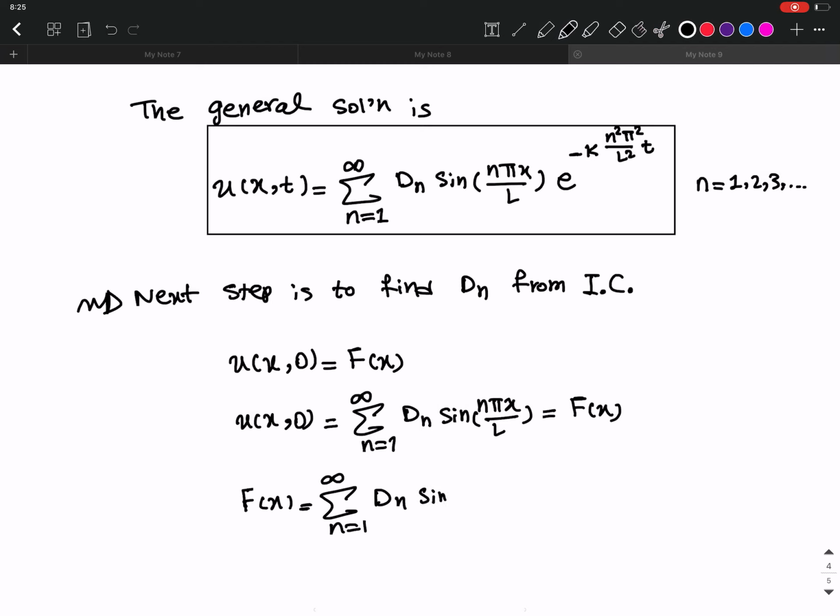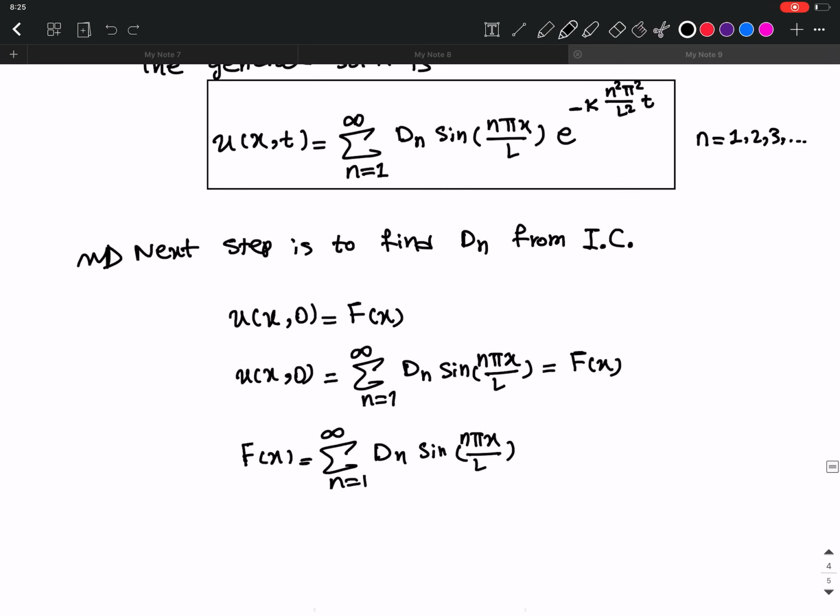So I know that if I multiply sine n pi x over L by d_n's and then sum all of them, I'm going to get f(x), okay? But we still don't know what d_n is. So we have to find what d_n is to be able to close this problem and find all the unknowns in this solution.